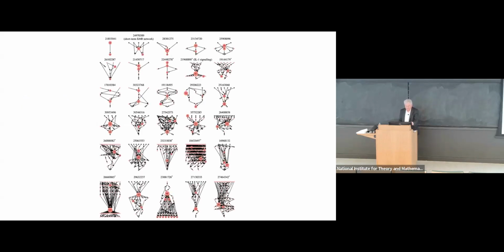So I'm showing you here a figure we have in the paper. This is an analysis that we did on a published collection of Boolean networks, about 100 and some. And we analyzed this modular decomposition.